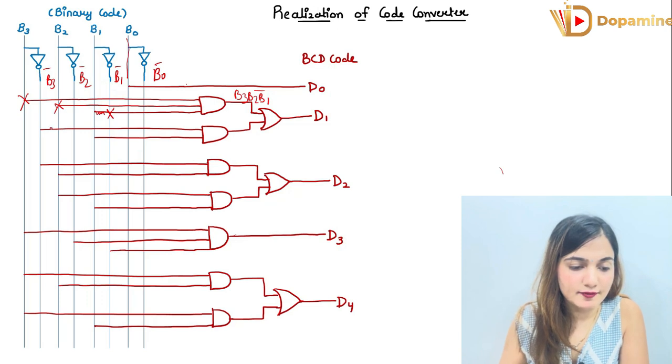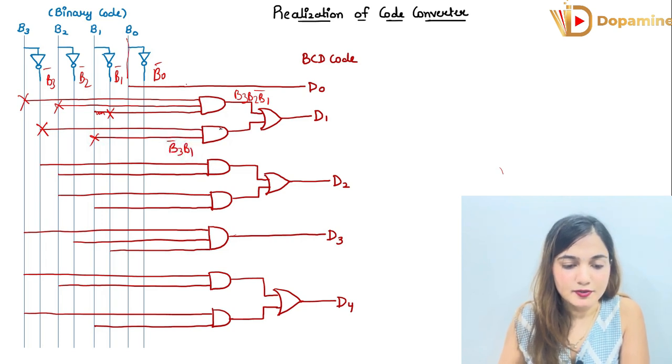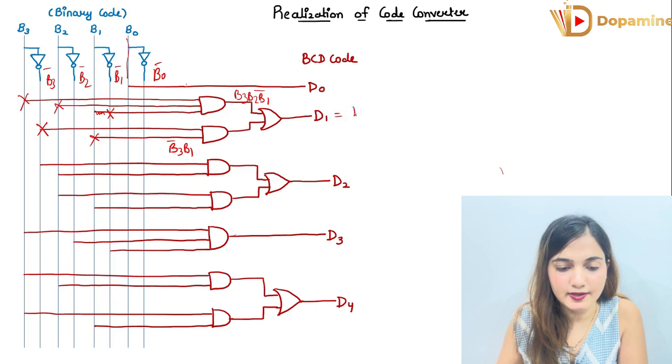Here we have connected B3 bar, and here we have connected B1. We are putting both of these to the OR gate, so that D1 will become B3, B2, B1 bar plus B3 bar, B1.